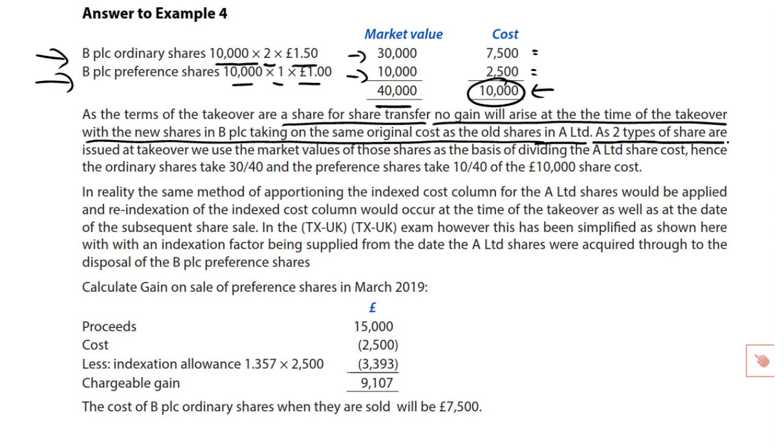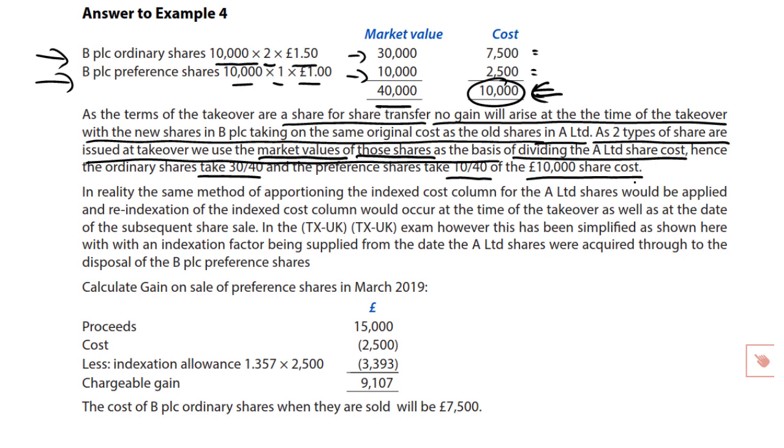But of course, as 2 types of share are issued at takeover, we use the market values of those shares as the basis for dividing the A Limited share cost. There again, that £10,000. Hence the ordinary shares have taken 30/40ths and the preference shares 10/40ths of that £10,000 share cost.